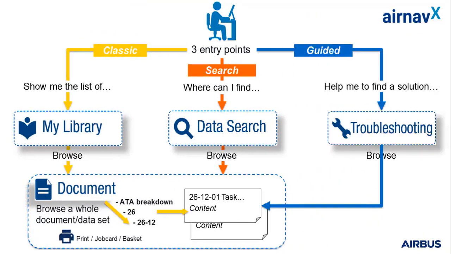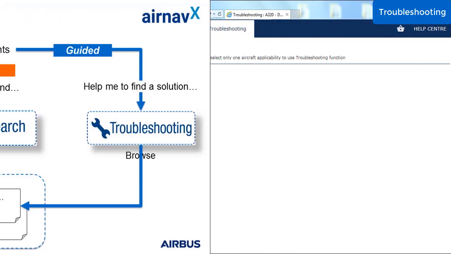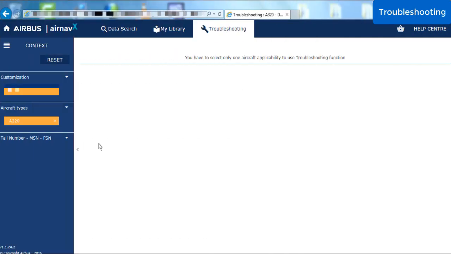The third way is to be guided, to help you troubleshoot the aircraft. So the third way will be the specific menu on the right side, troubleshooting. Here you will need to enter first an aircraft, either an MSN or a tail number relevant to your fleet.